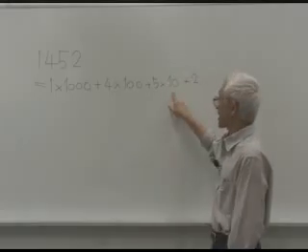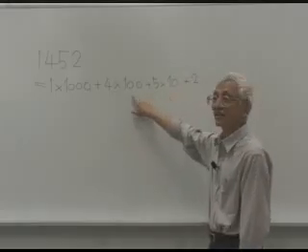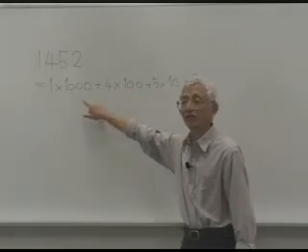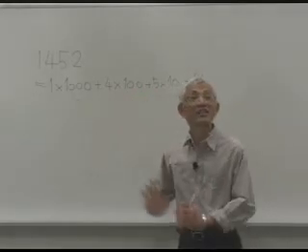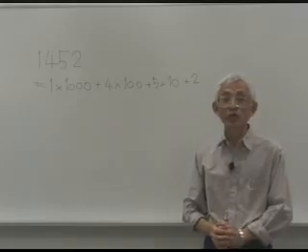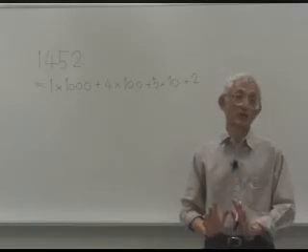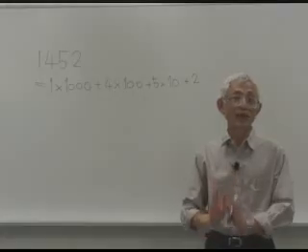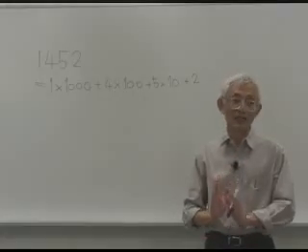I think we have done it for 10, we've done it for 100, we haven't done it for the 1,000, but we have just learned that 1,000, you can break it up into 1,001 and minus 1. And 1,001 is divisible by 11.